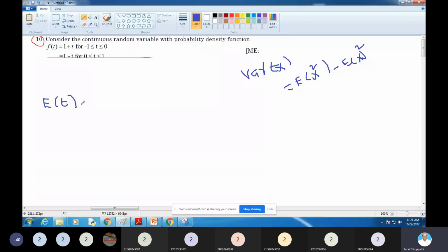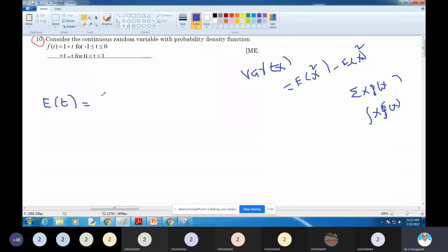So what is the formula for e of x? In the discrete case, e of x equals summation of x into p of x. In the continuous case, it is the integral of x into f of x into dx. Here the expectation of t is needed, and the function is given in two different ranges.